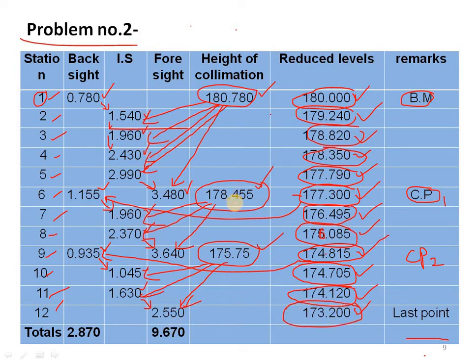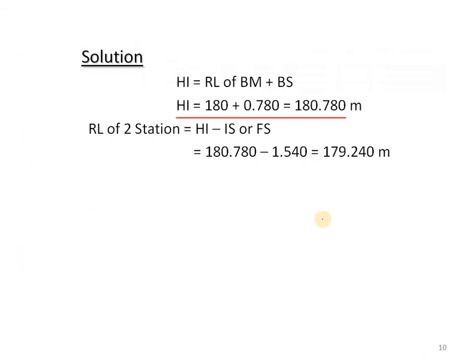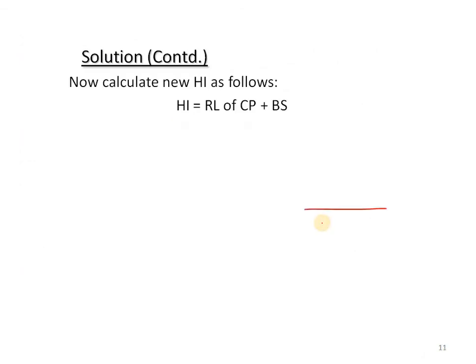So like this we have to calculate all the answers compulsorily in this table. Now we can calculate the total back sight. We will get the answer as 2.87 and the total FS, foresight, is 9.670. Now let us apply the check here.